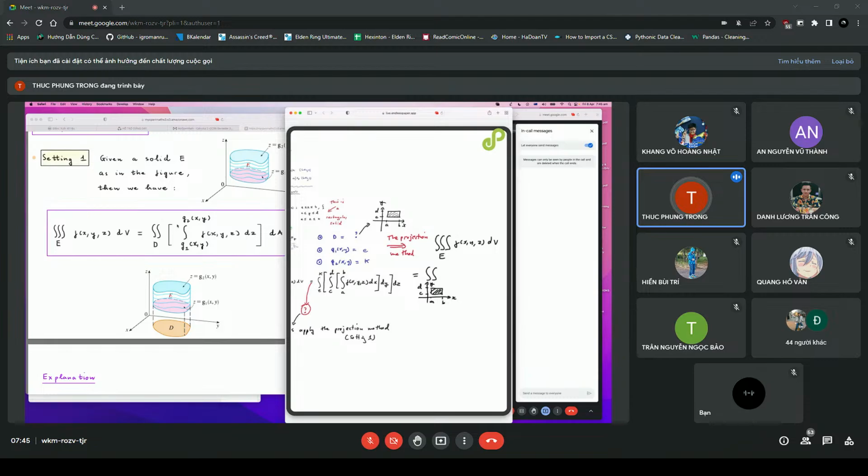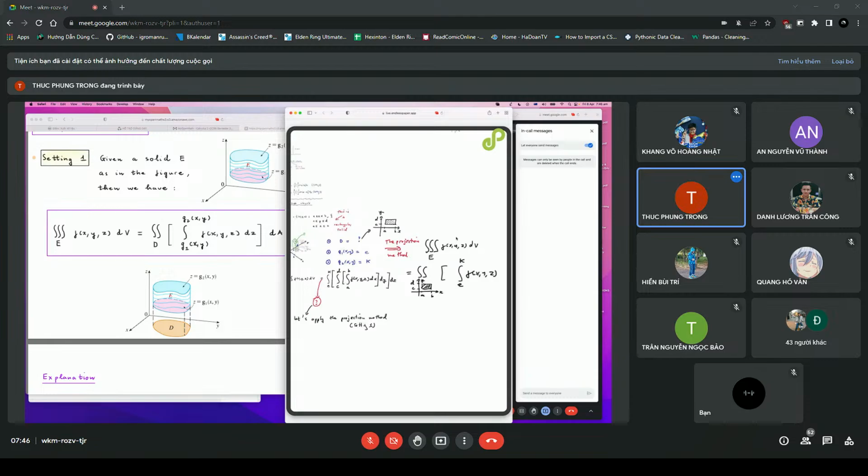And Z1 is E, Z2 is K, so we have E to K. And inside we had a function f of s, y, z, and this is dz, and outside we had dA. dA right here is with respect to s and y. All right, so we had this one, right?